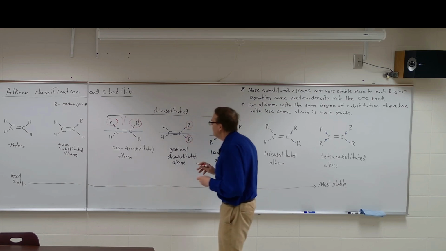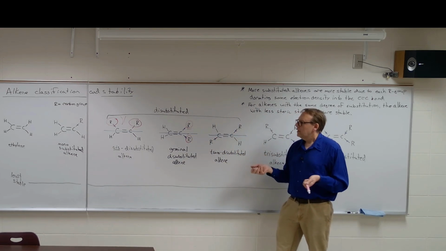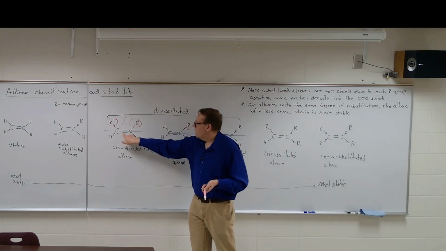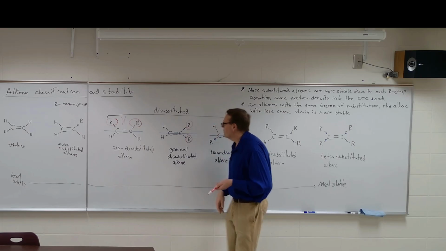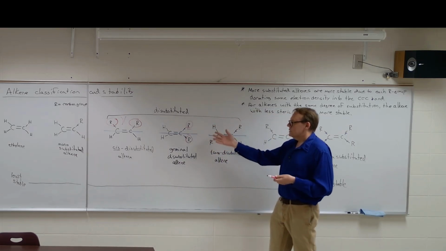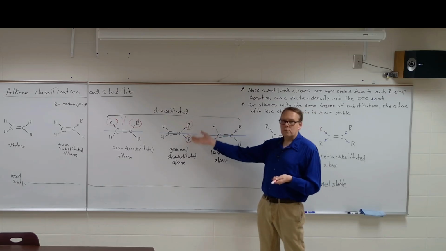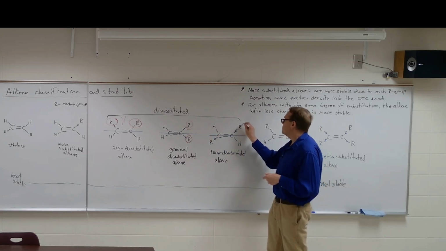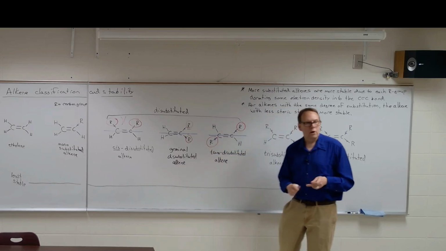And the best way I can think of to explain this is just ask you to build a model. Because carbon-carbon double bonds are short, these groups are actually kind of close together. And so geminal is a little better than cis, but it's still got R groups that are somewhat close. Trans is really the best though, because it puts the larger R groups as far apart as possible.